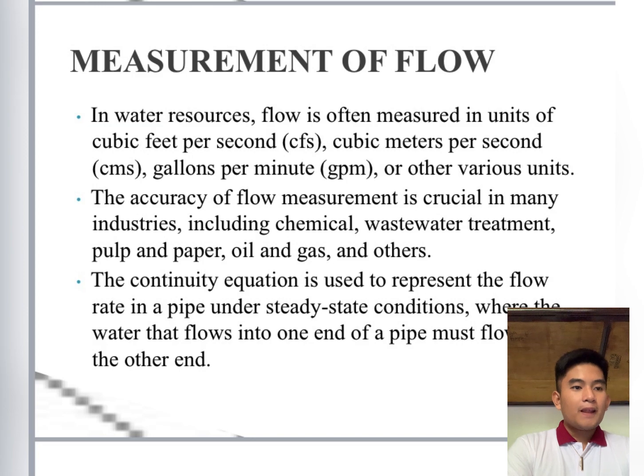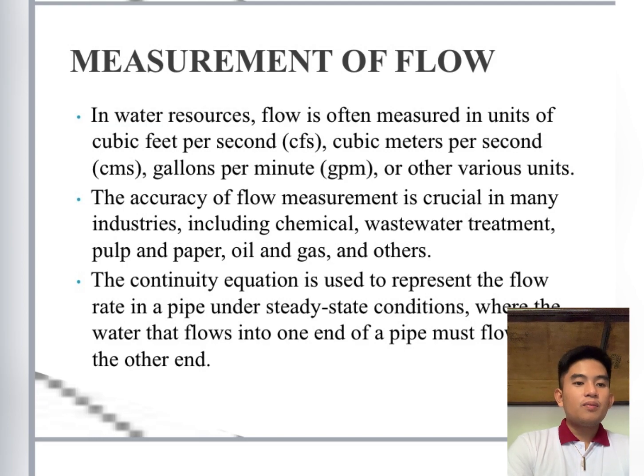Measurement of flow. In water resources, flow is often measured in units of cubic feet per second, cubic meters per second, gallons per minute, or other various units.